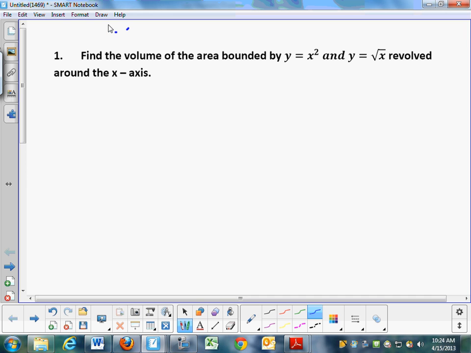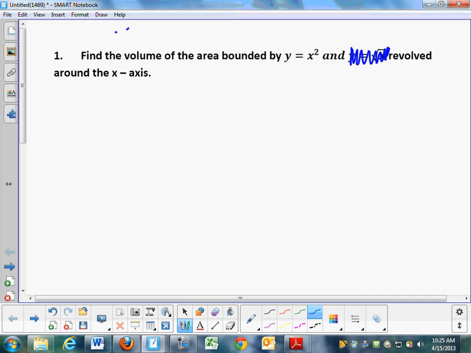Okay, find the volume of the area bounded by y equals x squared and y equals square root of x revolved around the x-axis. We don't want to do this yet, okay? We're not quite ready for this.